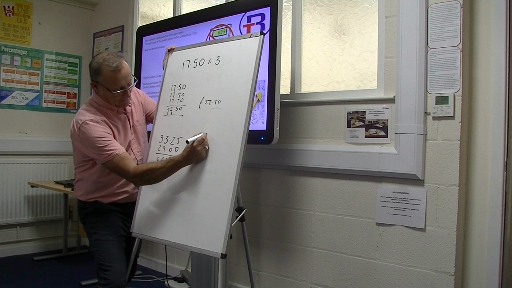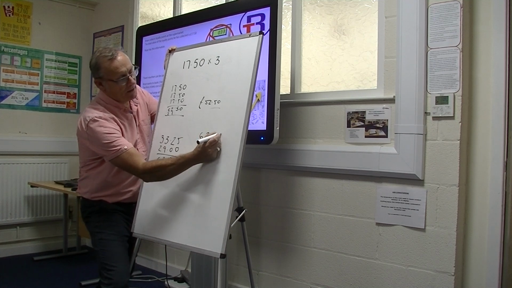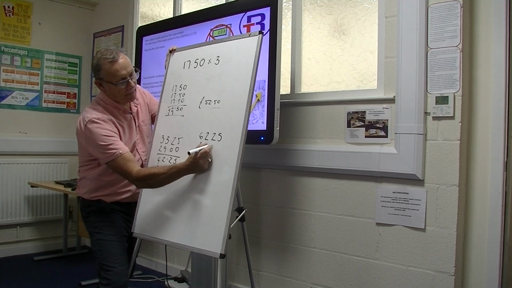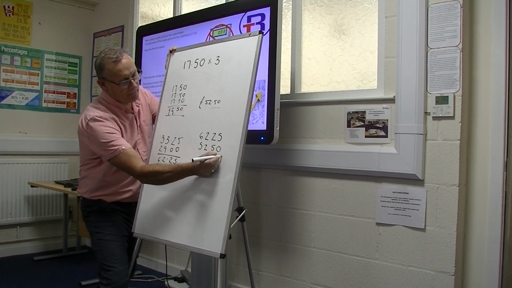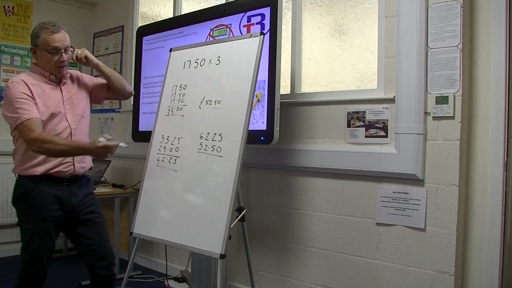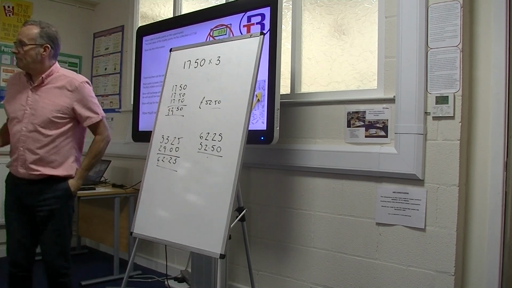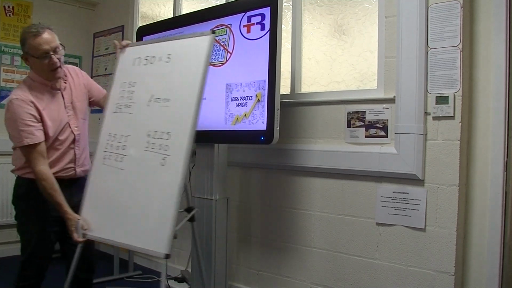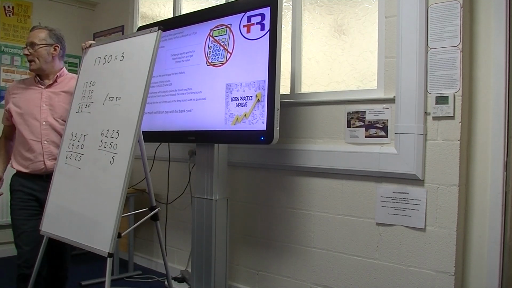So 62.25 minus 52.50. Decimal point there. 5 take away nothing. 2 take away 5. Oh, we can't do that, can we?